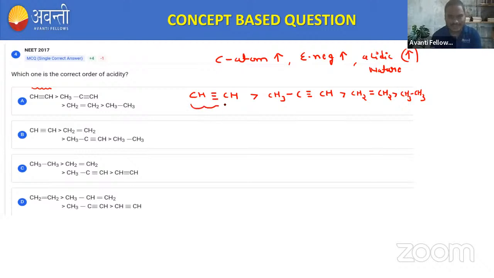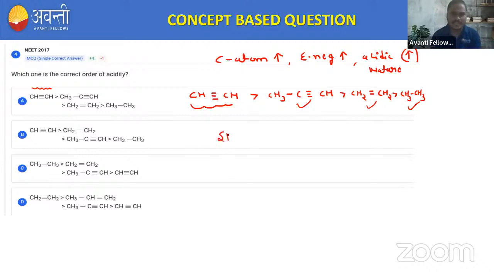So this is alkyne, terminal alkyne, right? You all know that terminal alkynes are very acidic in nature. Here it will be very acidic due to this triple bond, and the removal of H plus will be easy. Then comes this alkyne, then comes alkene, then alkane, right?